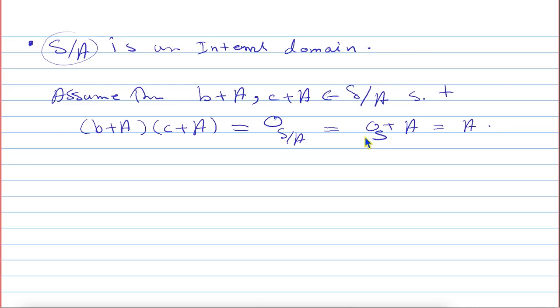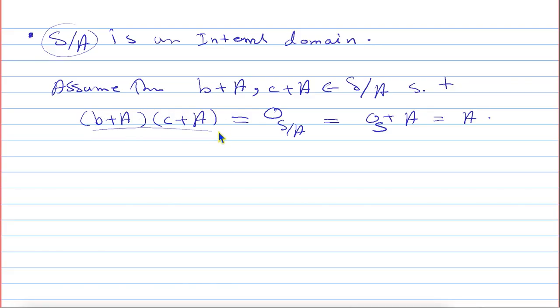Now, what is the product here? This implies that BC plus A equals 0, okay?